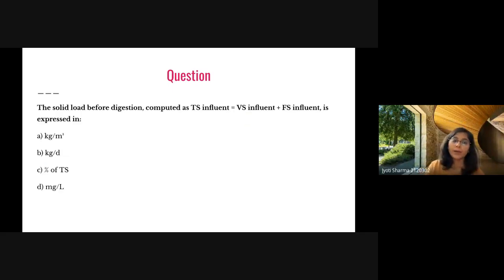Okay, a solid load before digestion is computed as TS influent equal to VS influent plus FS influent, and it is expressed in what? So you need to tell me the unit of your solid load before digestion.